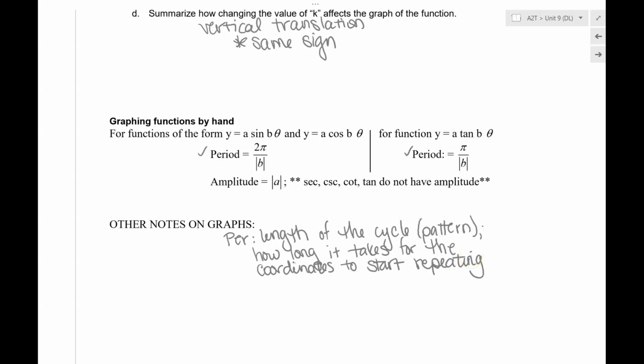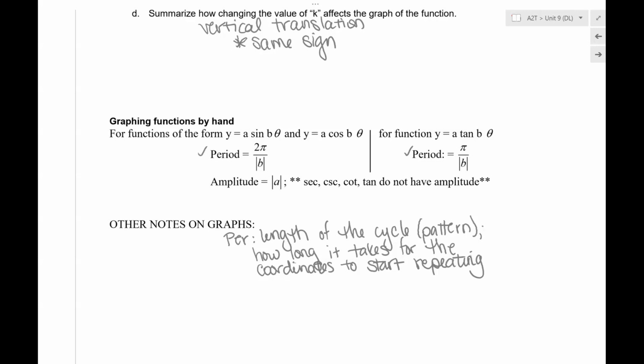Okay, so if we think, and you'll see it when we graph here in a second, but if the period is how long it takes for the coordinates to start repeating, that means that it's going to be affected by the b value, okay?